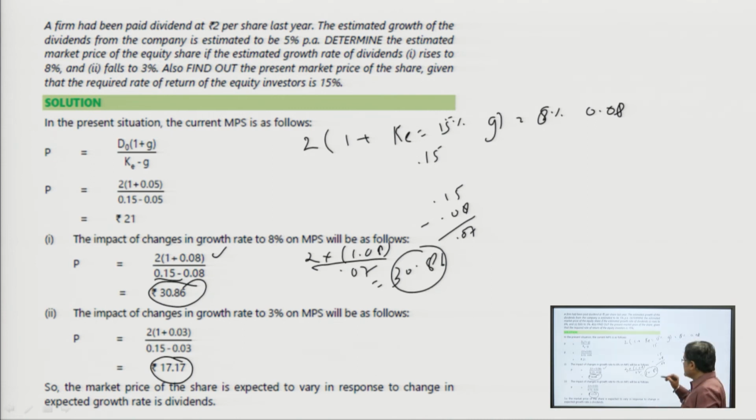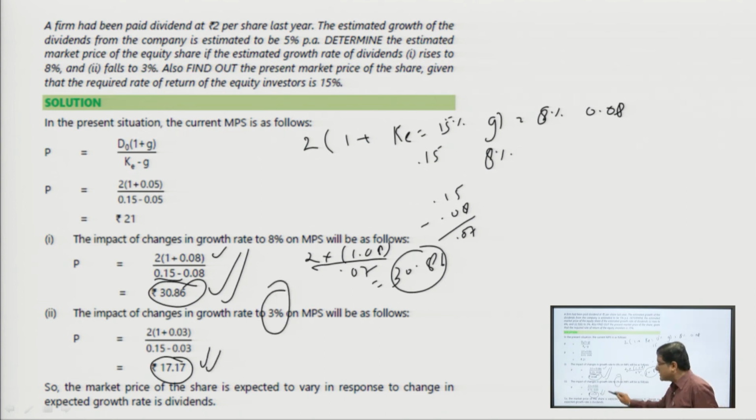So it is quite clear that when we provide the 8% growth rate, this is the market price of the share, and when we provide 3%, the market price of the share decreases. Hence, the dividend payment or growth of the dividend has a huge impact on the market price of the share.